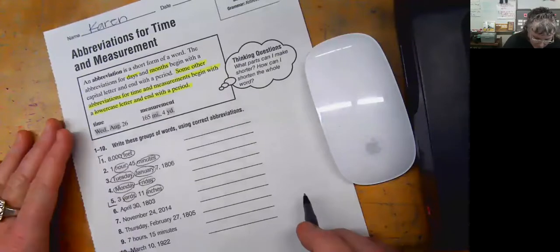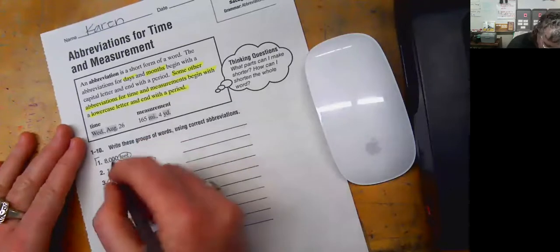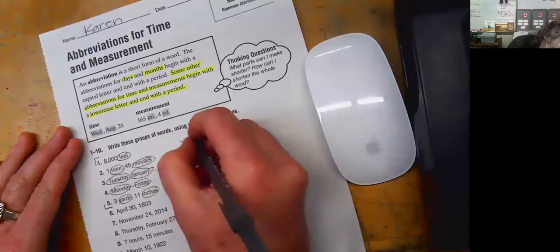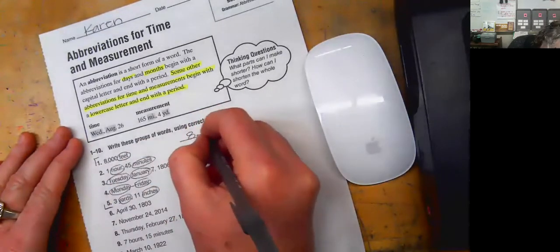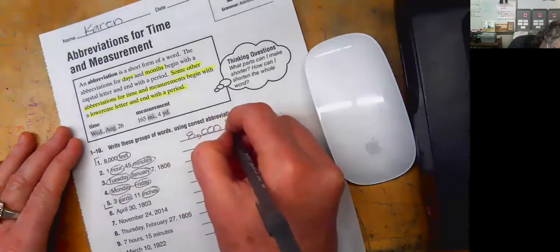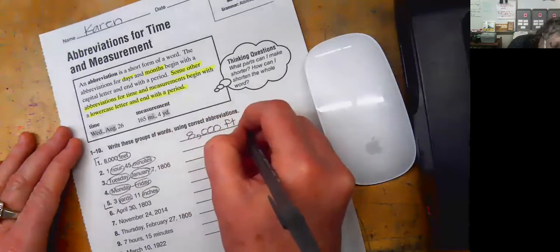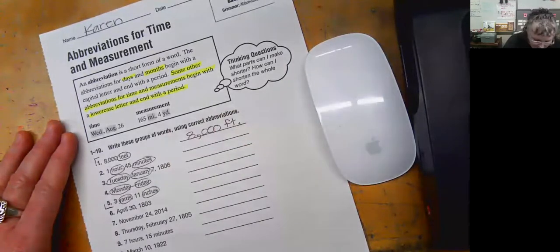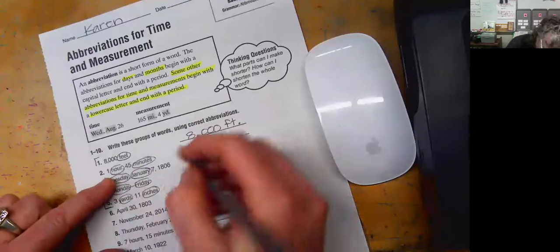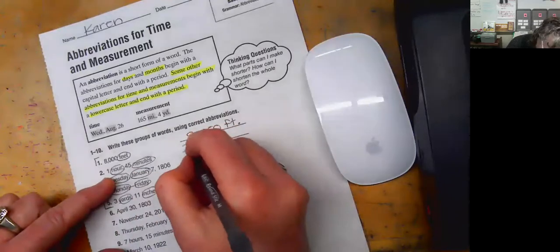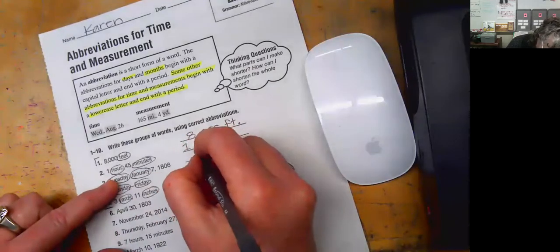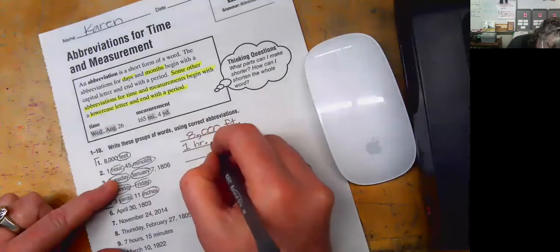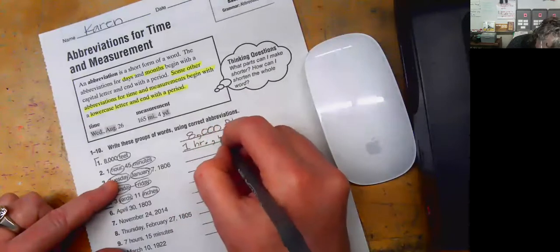Okay, so I'm going to start out with 8,000 feet. And I'm going to do lowercase f-t period. All right. Hour, so I'm going to do 1 hour. Hour is going to be HR period, comma, 45.